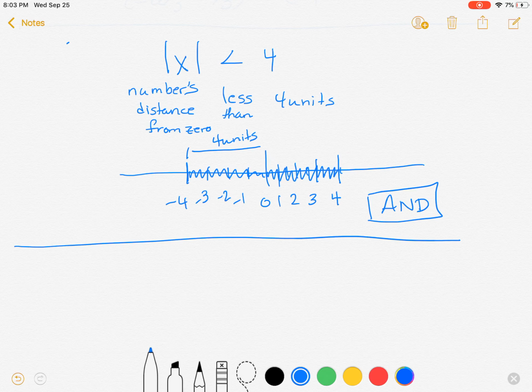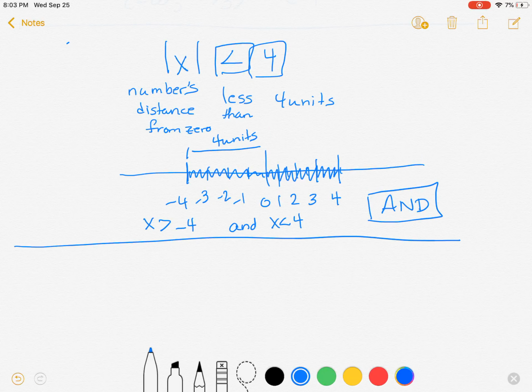Okay? So people can set this up as x less than 4 with the word and in the middle. And it's kind of the same thing. You flip the inequality sign and you flip the sign on the number. All right, just like we did with the greater than problems.